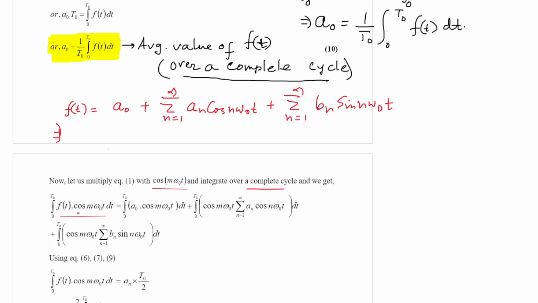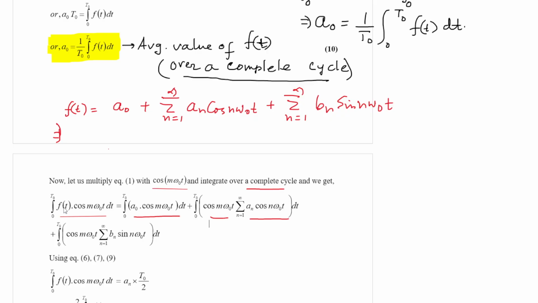So f(t) into cos m omega naught t dt. Then each term should be multiplied with the cos. This will be the result: A0 into cos m omega naught t dt, integrated from 0 to T0. The same thing applies inside the summation: with cos n omega naught t we have multiplied cos m omega naught t, and this product should be integrated over a complete cycle 0 to T0.